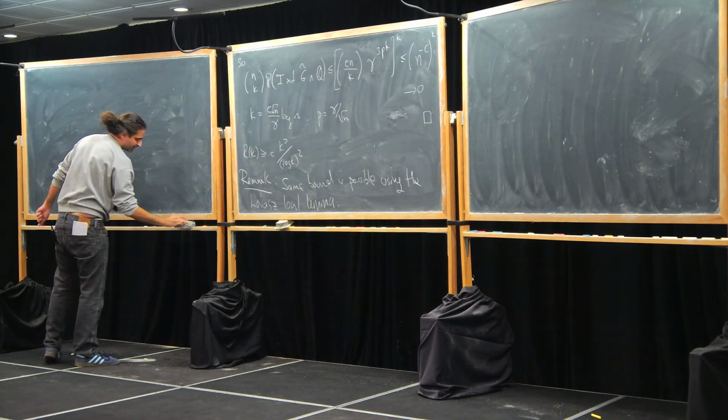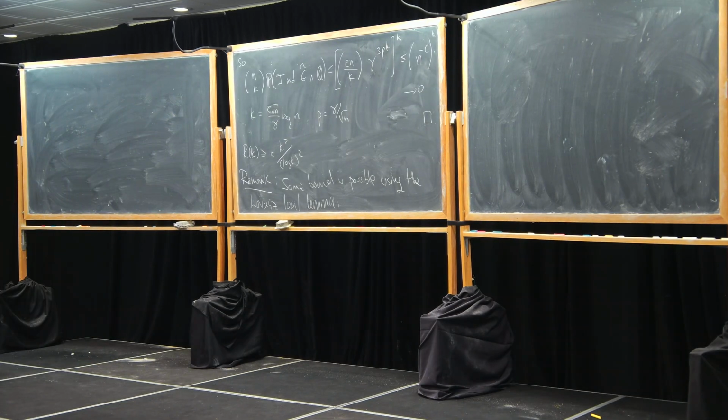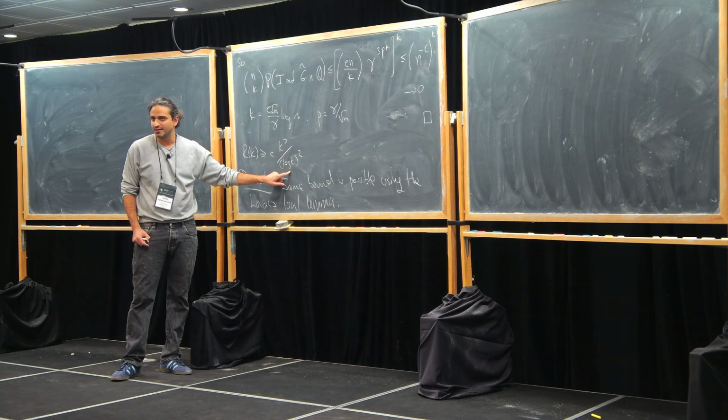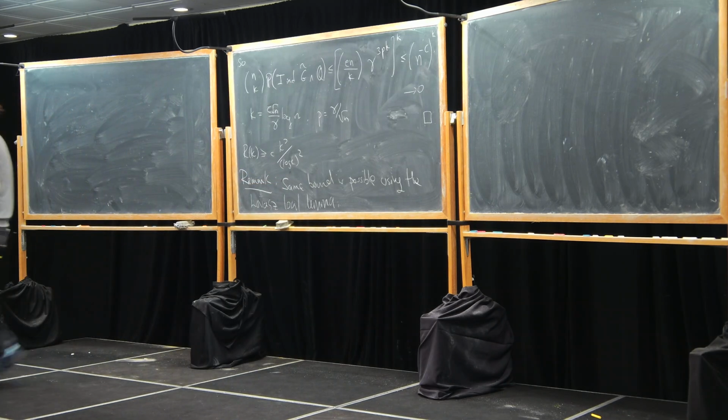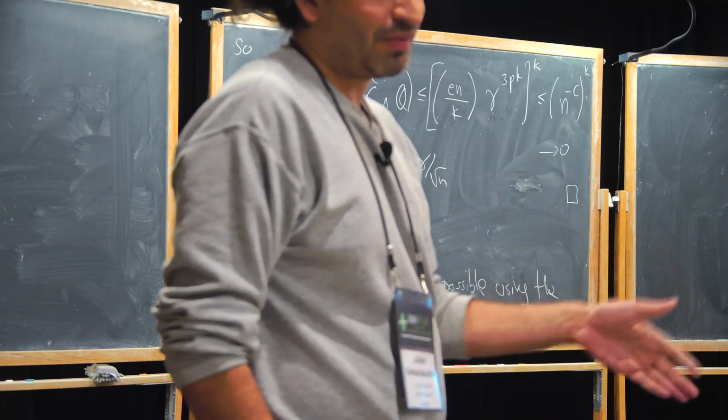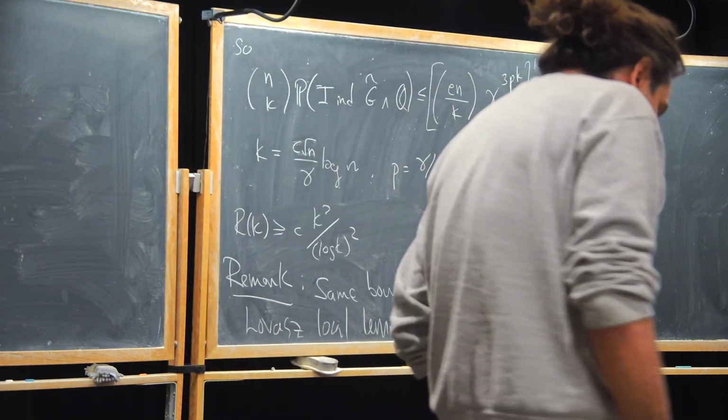Okay, so what I'd like to talk about, what do we know so far? We know this lower bound of k squared over log k squared, and we know an upper bound of k squared. What I'd like to talk about is a little bit about the upper bound. This is actually interesting.